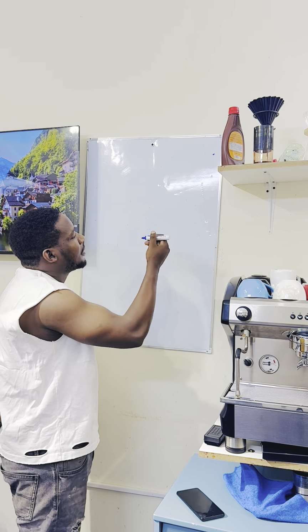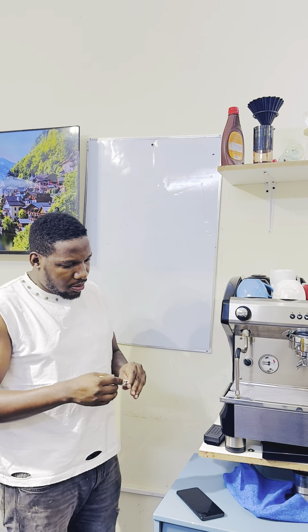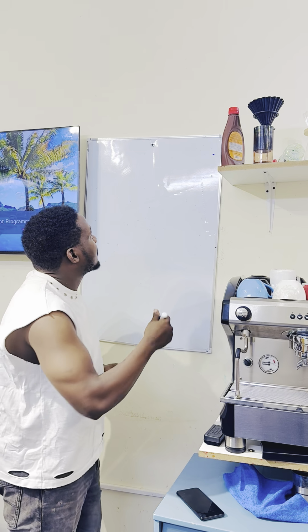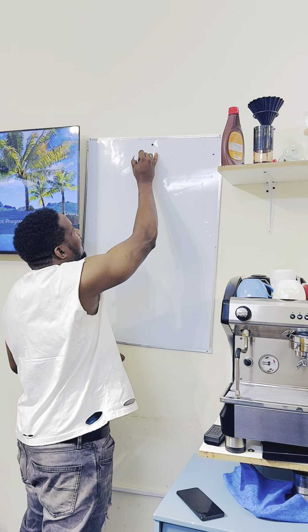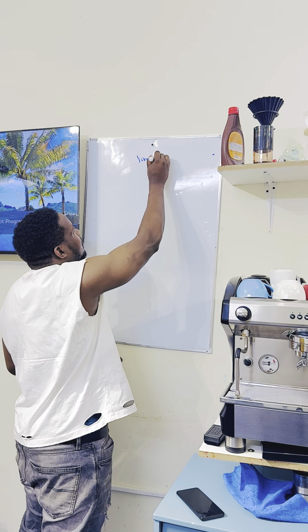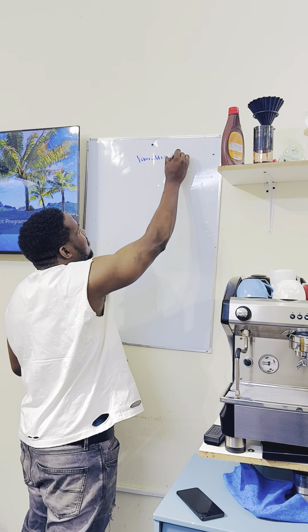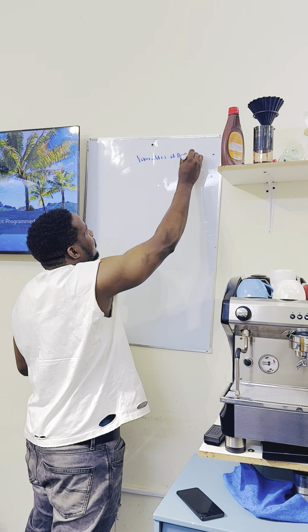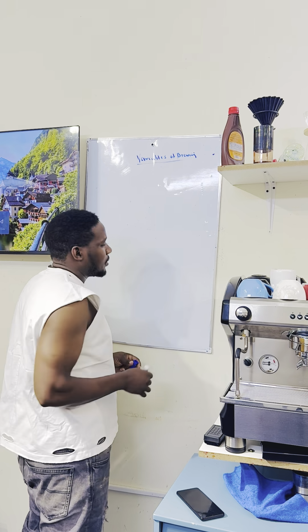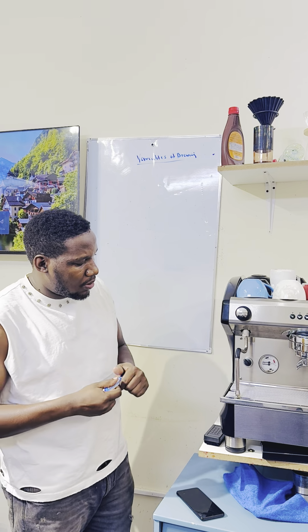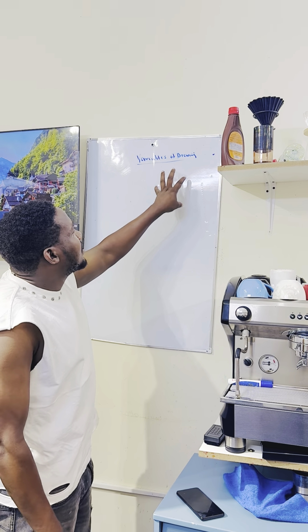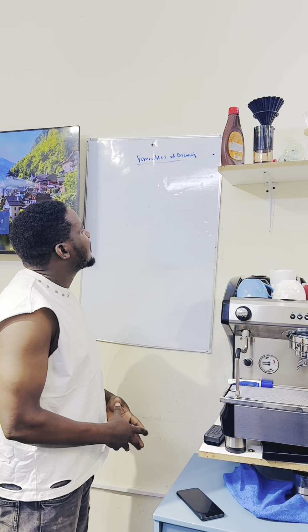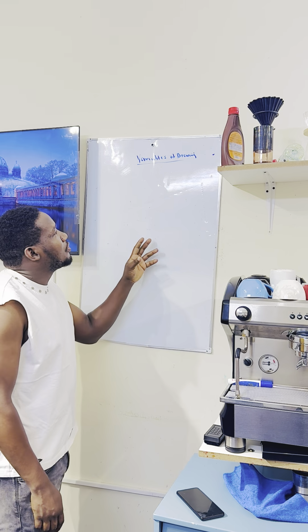So today, maybe I should first write it here. What you call variables of brewing. This is a topic that we need to pay attention to, to understand what really happens as you're trying to brew.